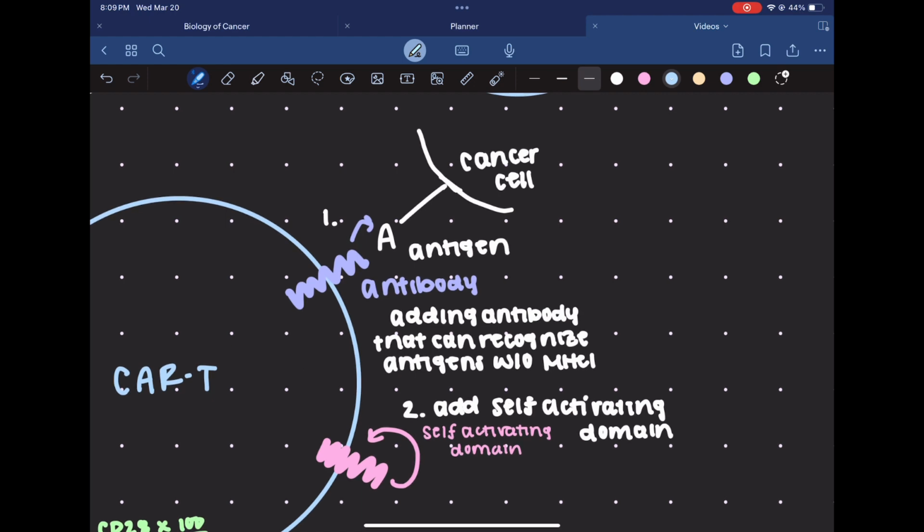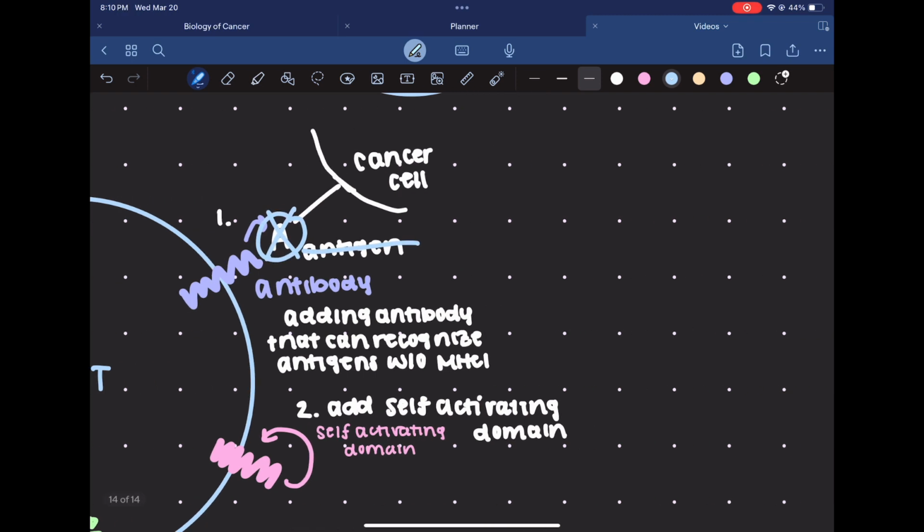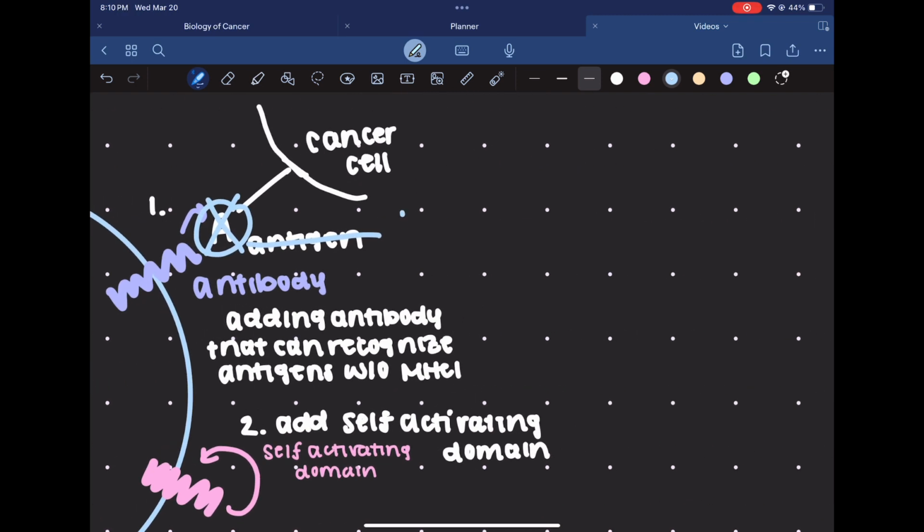So the first modification that cancer cells can make in response to this is going to be getting rid of these antigens altogether. So we're going to get rid of these antigens completely. Let me maybe just circle and get rid of this. Getting rid of these antigens. So this is response 1.